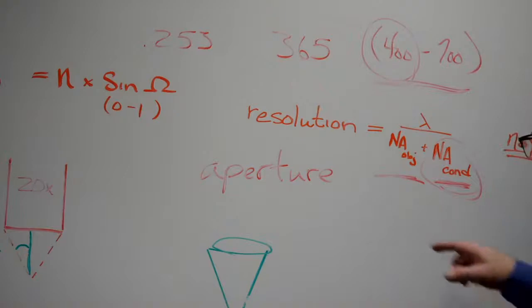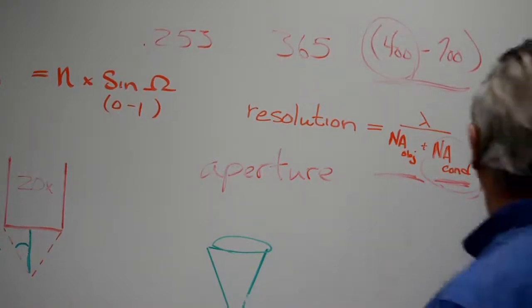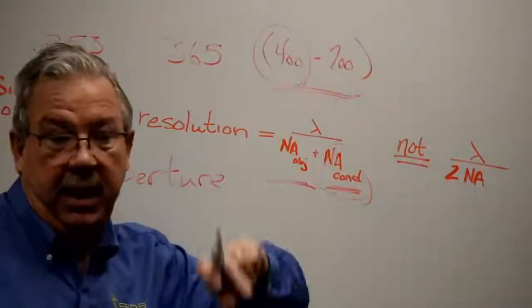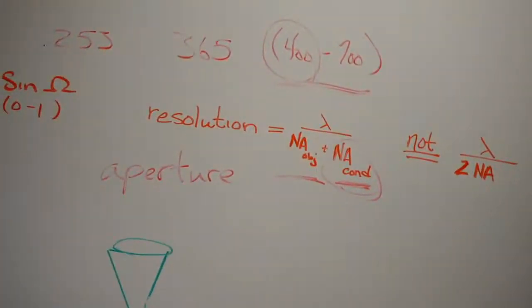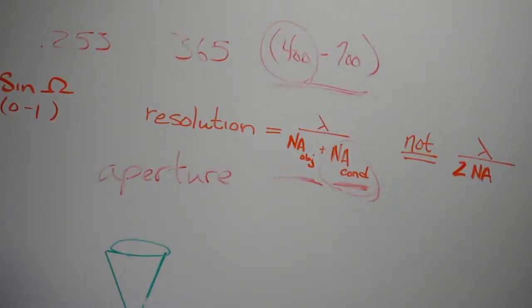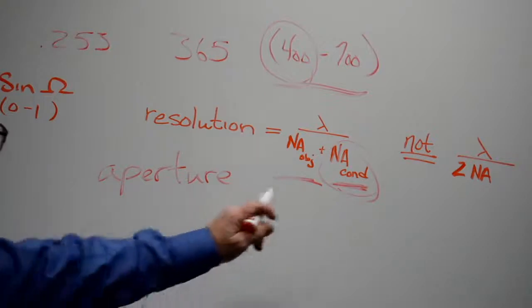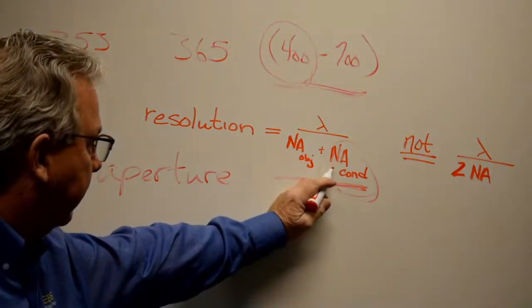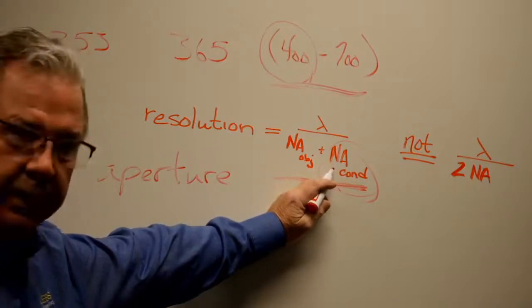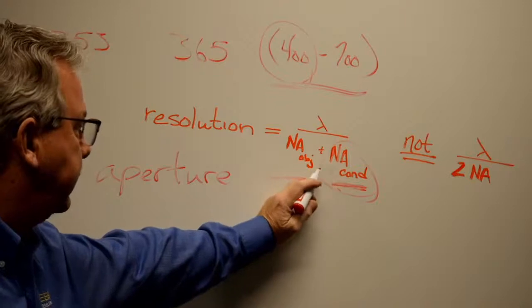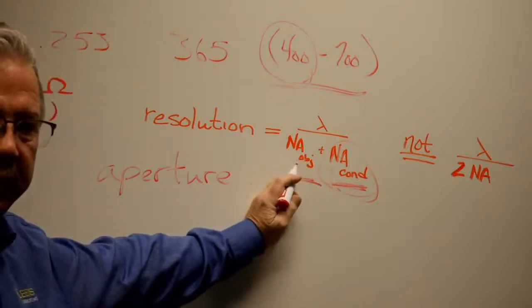Because if I don't understand this formula, and I'm going to use this one over here, I can close my condenser all the way, my aperture all the way down and think, hey, I got the best resolution possible. In reality, you don't, okay? Because this formula is telling me that the angle of the condensing light, the light that's illuminating the sample and the objective, is as important as the objective itself.